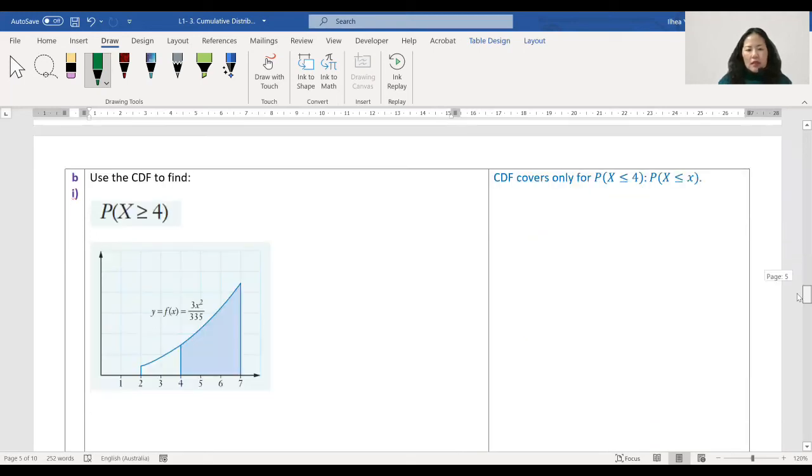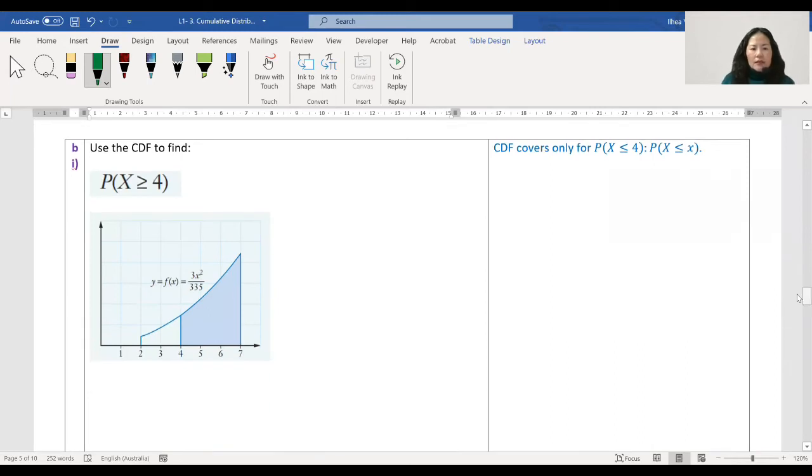Okay. The next one, let's have a look. This is something different here. What it's asking us is all the possible values bigger than or equal to 4.